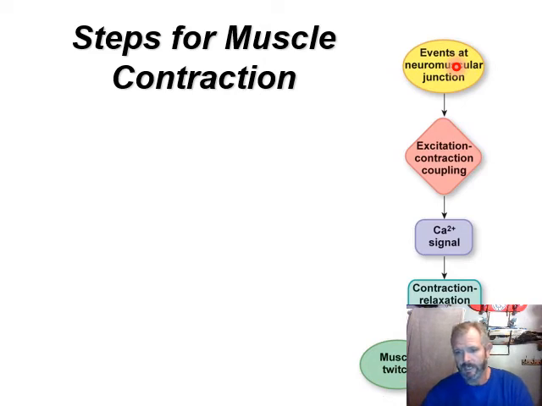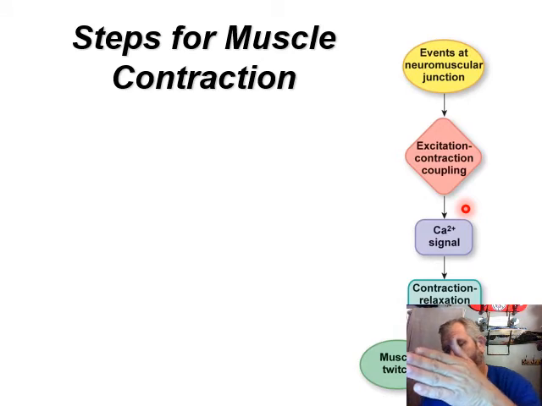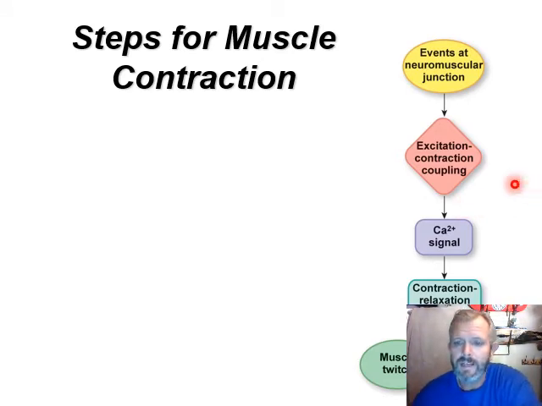It has to be excited, and then we start the action potential on the muscle. The steps between going from action potential to getting into the actual contraction is called the excitation contraction coupling. You'll hear it abbreviated as EC coupling. So EC, excitation and contraction.